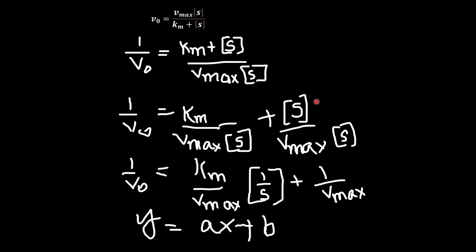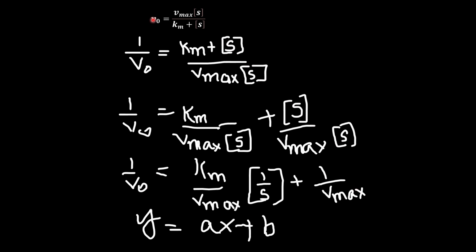The substrate concentration cancels, hence we get 1 by Vmax. So 1 by V0 is equal to Km by Vmax into 1 by substrate concentration plus 1 by Vmax. This is similar to the equation of a straight line, y equal to ax plus b. The equation of a straight line is easier to calculate with, so we are just rearranging it.